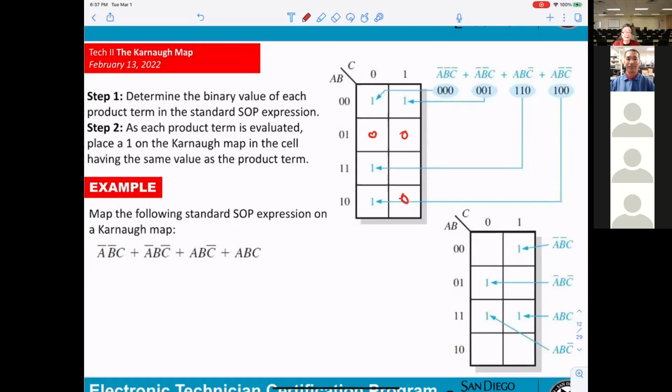If you're learning engineering, you're using it all the time. A technician will not design any circuitry, but the engineer will have to design the circuit. Then you need the K-map.